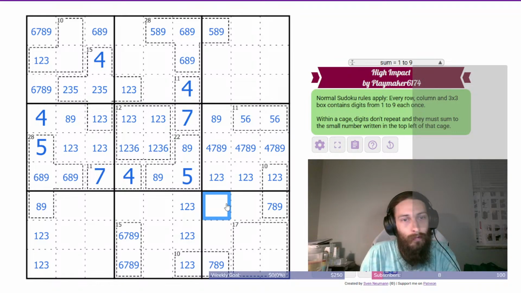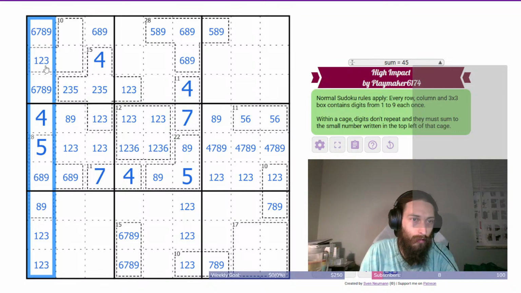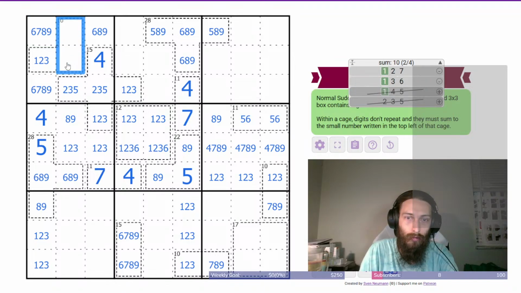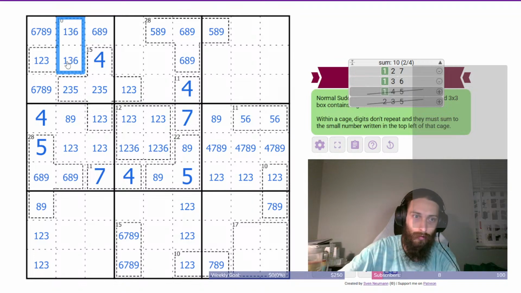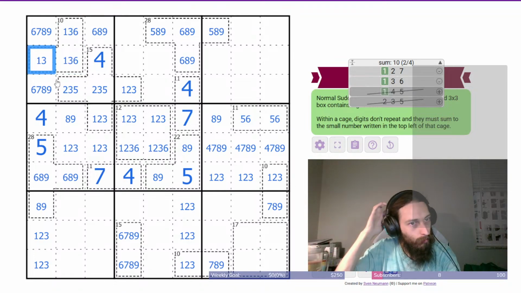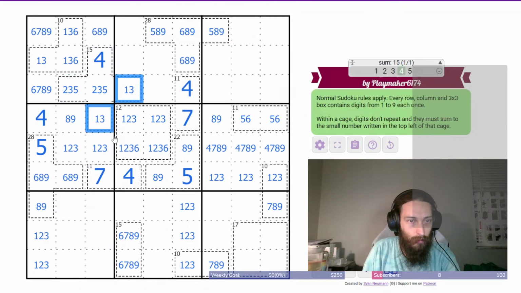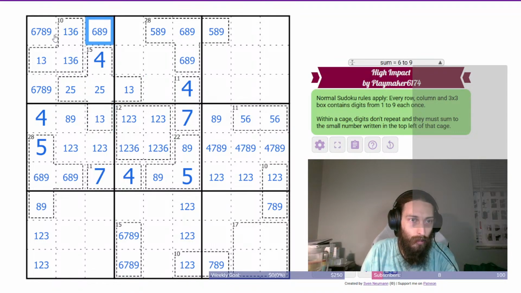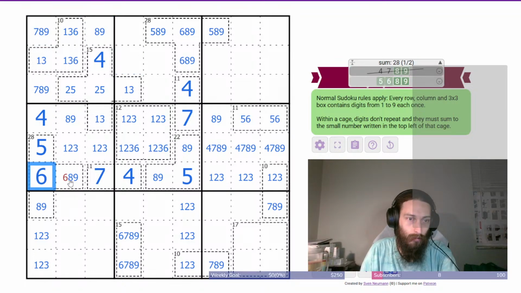Oh, column 1, the 7. So the 7 cannot be in the 10. Oh, right. So this is 1, 3, 6. 1, 3, and 6. 2's out. And that means this is 1 and 3. 3's out here, 2 and 5. And 6 is out of all of those. So that's a 6.